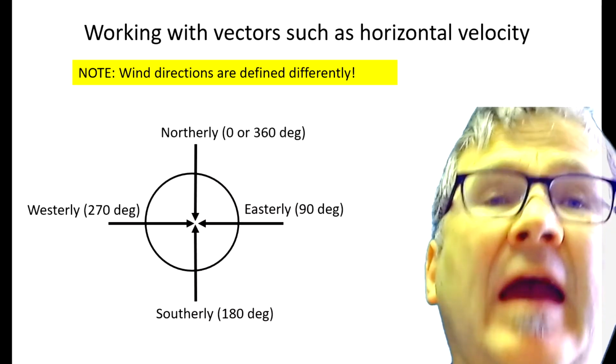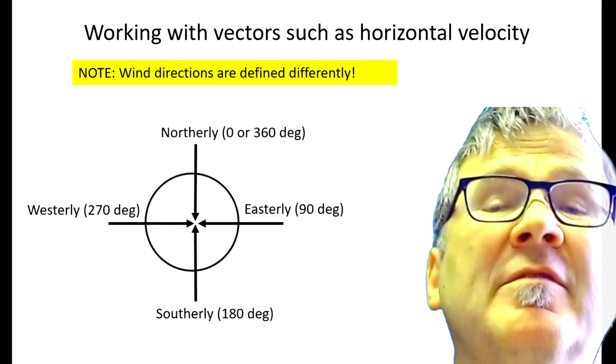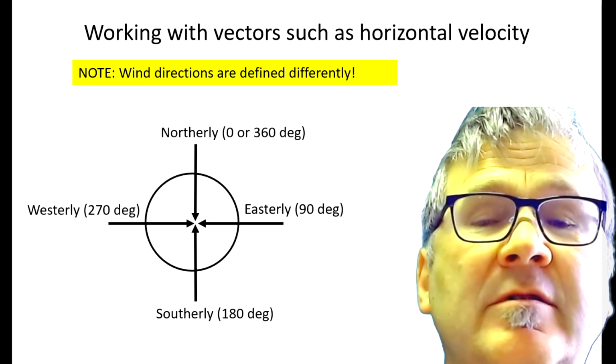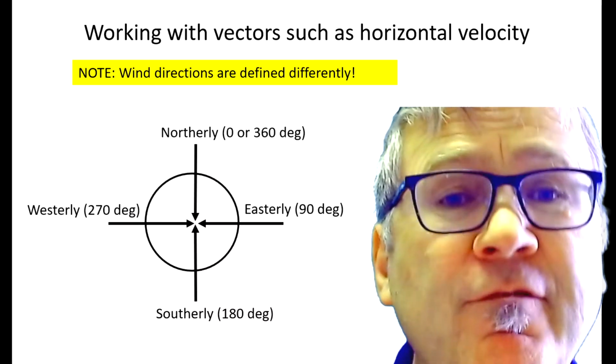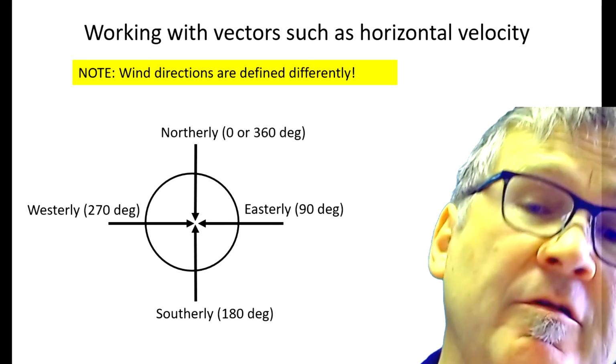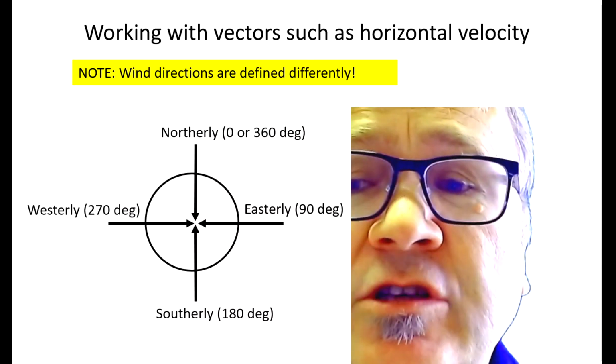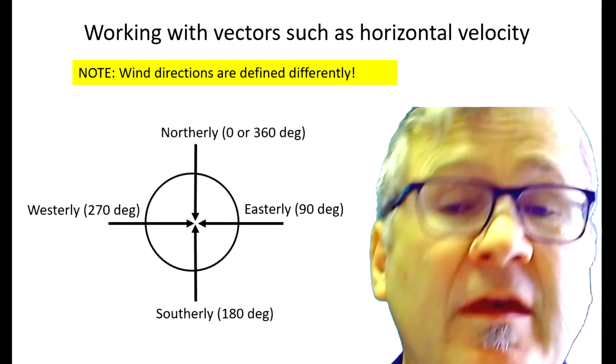Easterly means wind coming from the east. Southerly means winds coming from the south, referring to 180 degrees. So you have to be a little bit careful. That's just the traditional definition of directions, and it's different between currents in the ocean and winds in the atmosphere, for historical reasons.